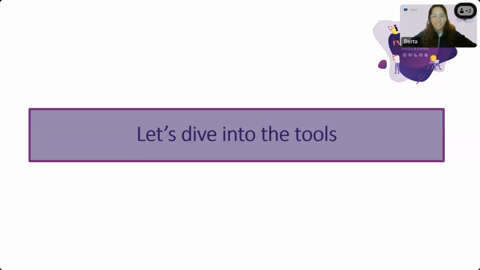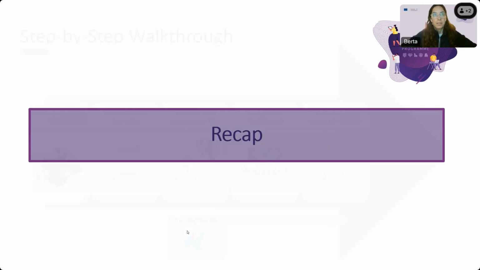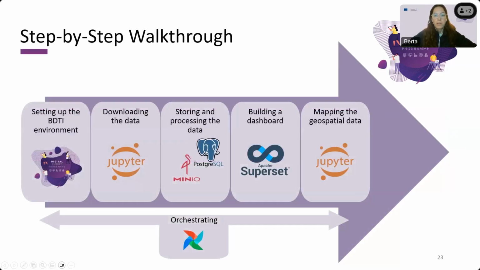Okay, so let's quickly wrap up what we have covered in this workshop. We started by setting up our environment in the BDTI platform, deploying JupyterLab for running the Python notebooks and MinIO for the data storage. From there, we retrieved the air quality and traffic data from the Open Data Portal and stored it securely in MinIO.